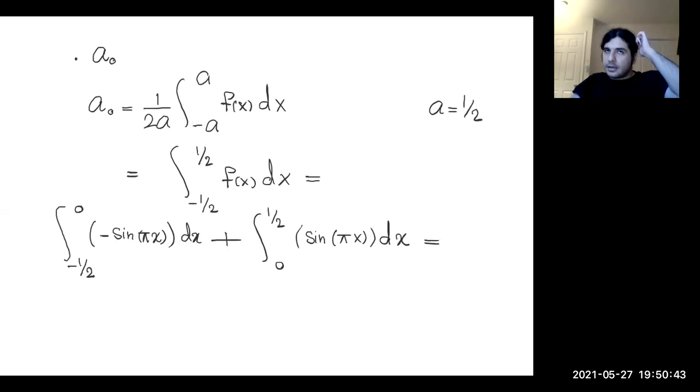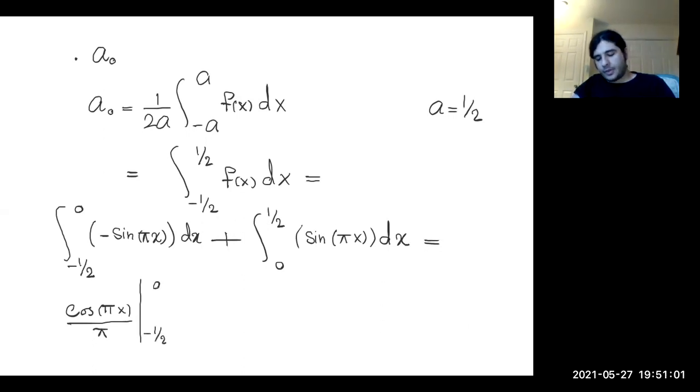Now, the first integral is equal to cosine of pi x over pi, evaluated from minus 1 over 2 to 0. The second integral is equal to minus cosine of pi x over pi, evaluated from 0 to 1 over 2.